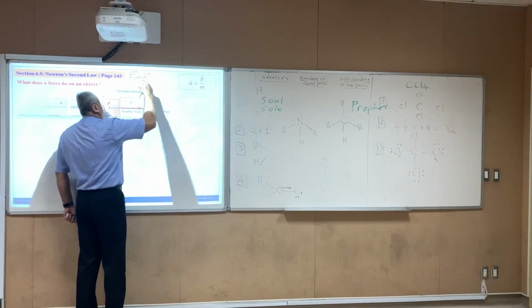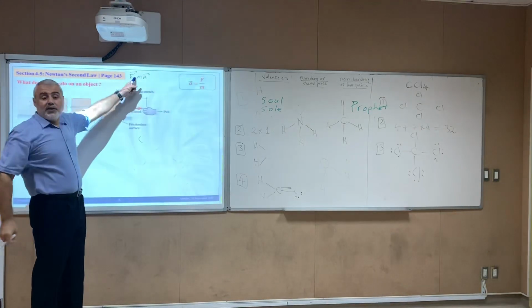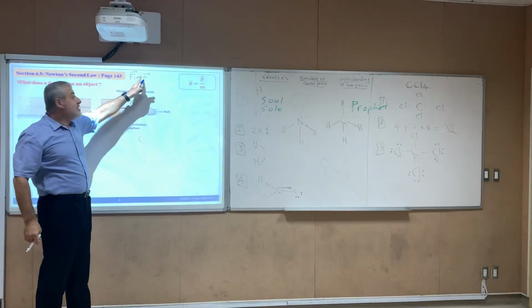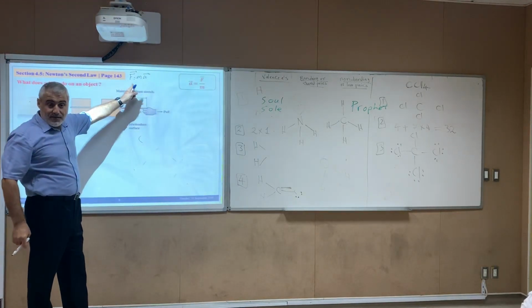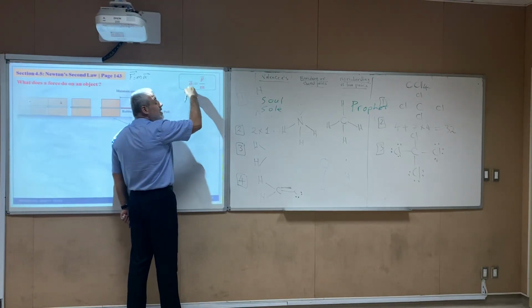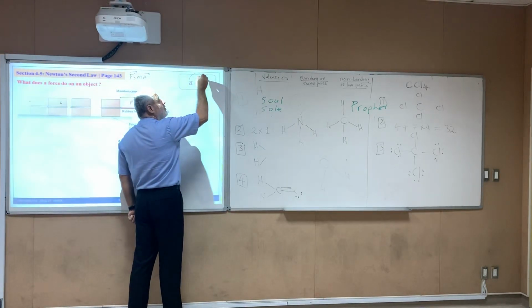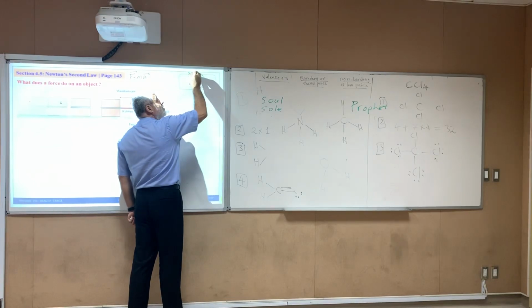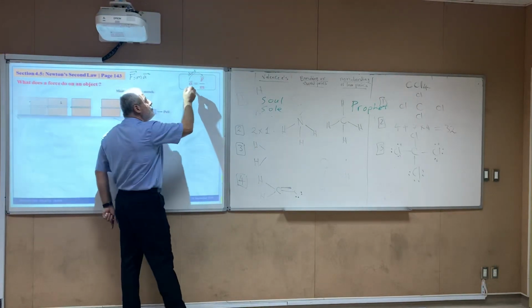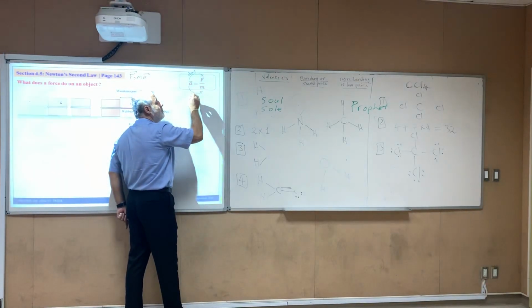Now, if we apply a force on an object, we will cause an acceleration in the same direction as the force. Or another way, we can say the acceleration of the object is directly proportional to the force, and inversely proportional to the mass.